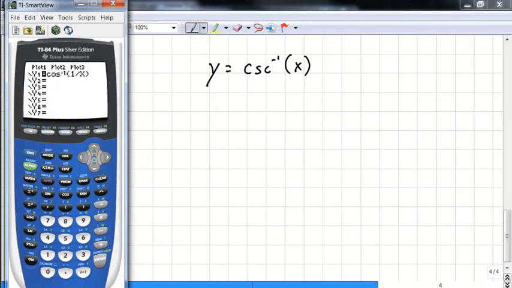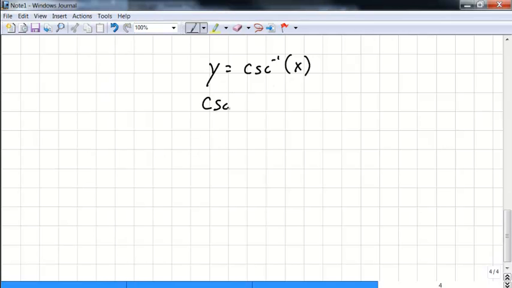Look at how we did that one that I have graphed there, which is inverse secant. Okay, we're going to very similarly do this. So this means that the cosecant of y is x, but not just anything. What is allowable for x and y here?